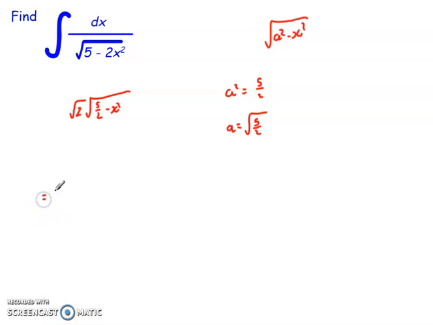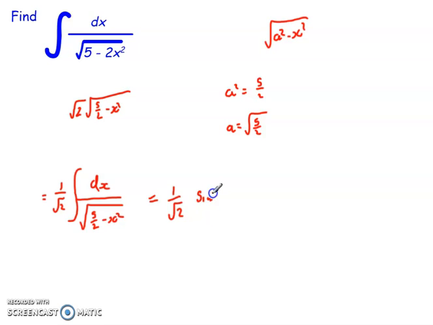So I can then change my integral to 1 over root 2 times the integral of dx over square root of a squared, so 5 over 2 minus x squared. And what I know is that's going to take the same format. I've got 1 over root 2 times sine minus 1.